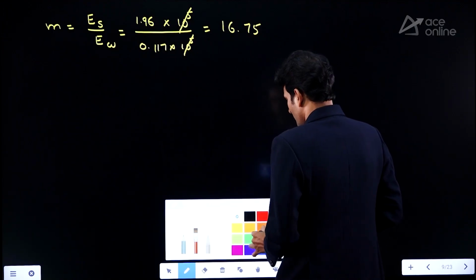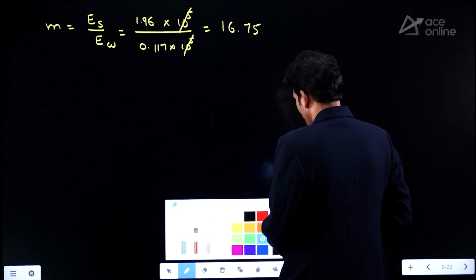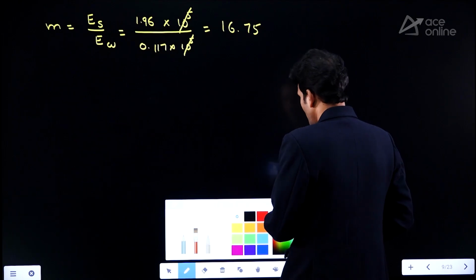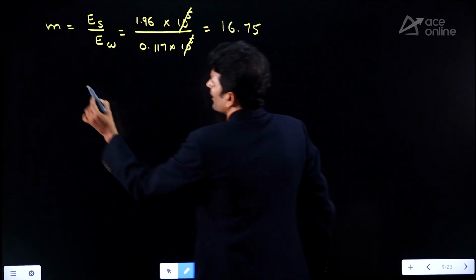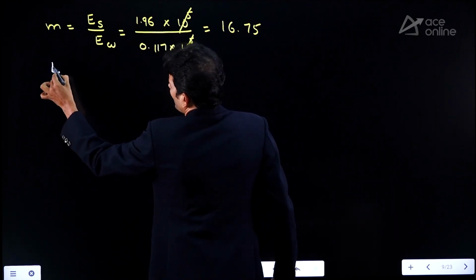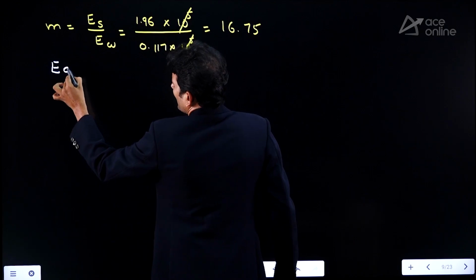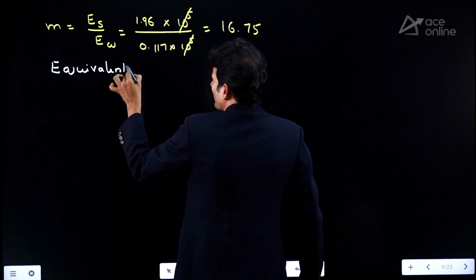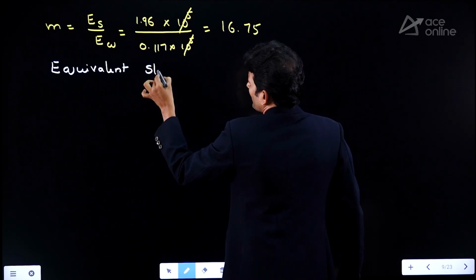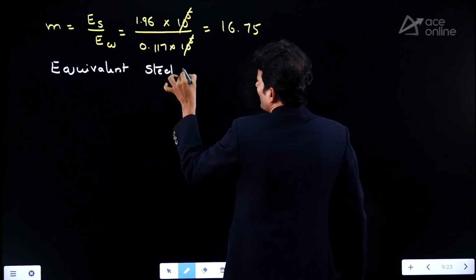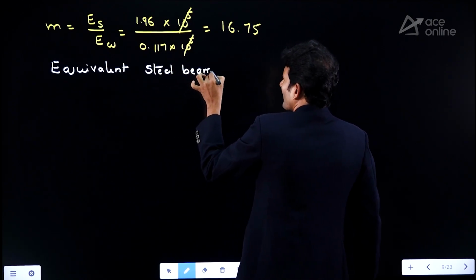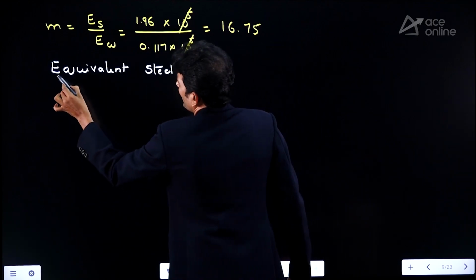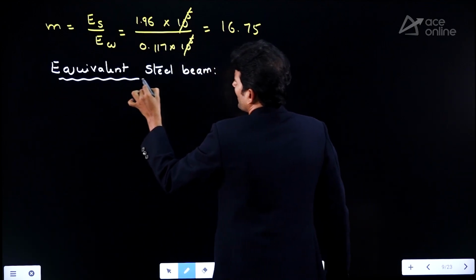We need to convert the given beam into equivalent steel beam. By using modular ratio, we can convert that.